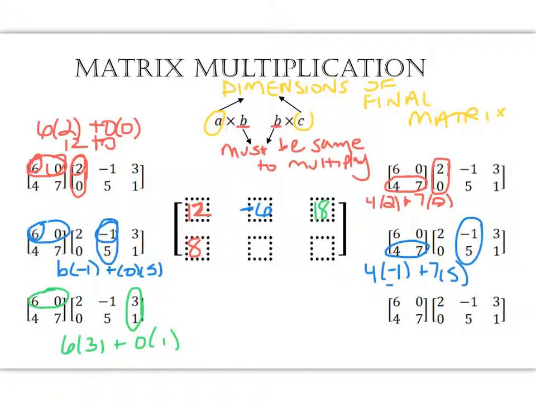So that would be -4 plus 35. So that would be 31. And then we have second row, third column: 4 times 3 plus 7 times 1, which would be 12 plus 7, which is 19. Okay? So that was kind of long.